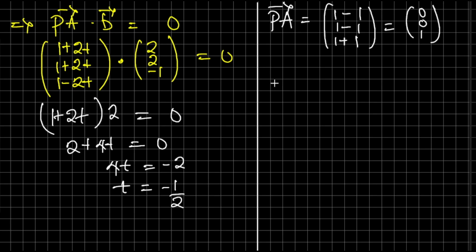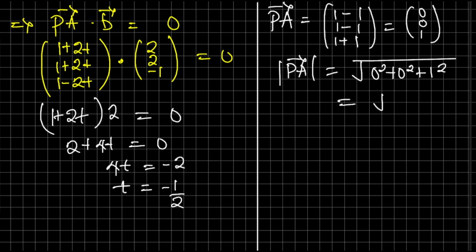So what are we to calculate there? The length of the perpendicular. So we need the length of A. The length of A will be equal to the square root of 0 squared plus 0 squared plus 1 squared. So the length is the square root of 1, which is 1. So that is the length.